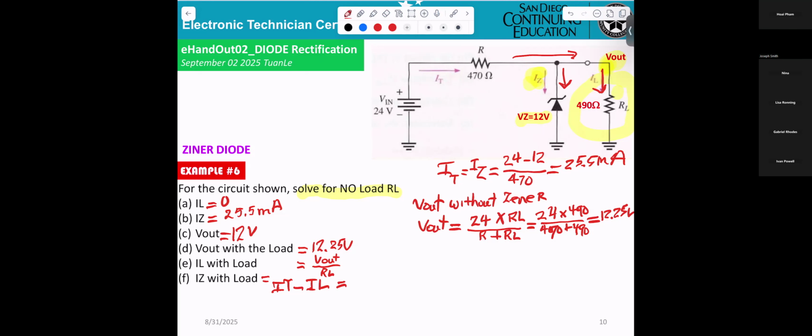So IT minus IL is 25.5 milliamps minus 24.49 milliamps, which is about 1 milliamp, rounded.